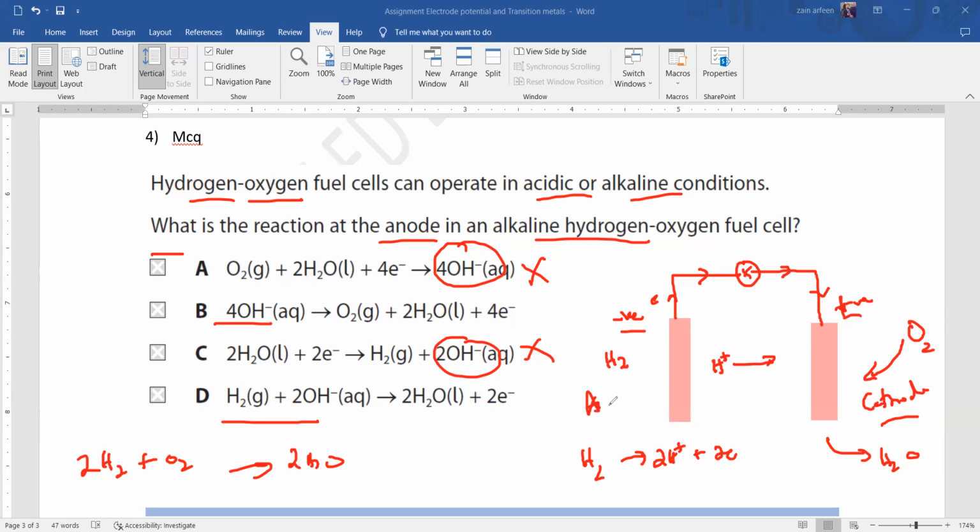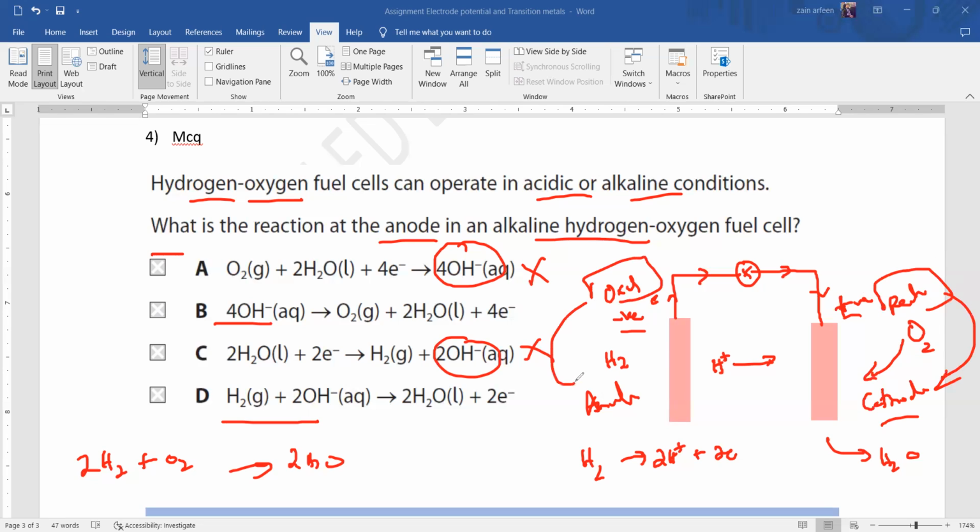Why is this side named the cathode and the other side the anode? Because at the cathode there is always a gain of electrons. So reduction always happens at the cathode, as it is gaining electrons, and oxidation happens at the anode, where there is a loss of electrons.